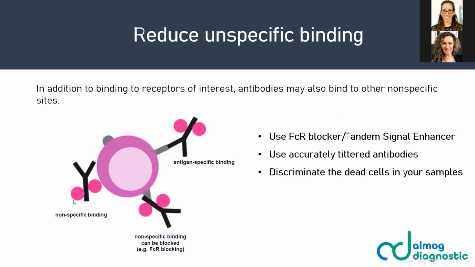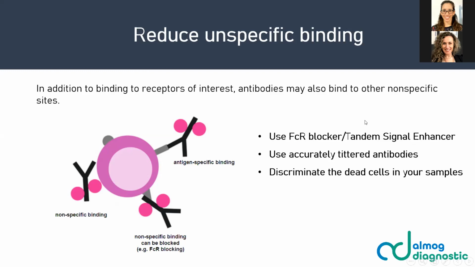We can also get a non-specific binding through the fluorochrome. In this case, tandem dyes have a higher tendency to unspecifically bind a specific subtype of Fc receptors on a subtype of monocytes. This phenomenon can be eliminated by the Tandem Signal Enhancer.